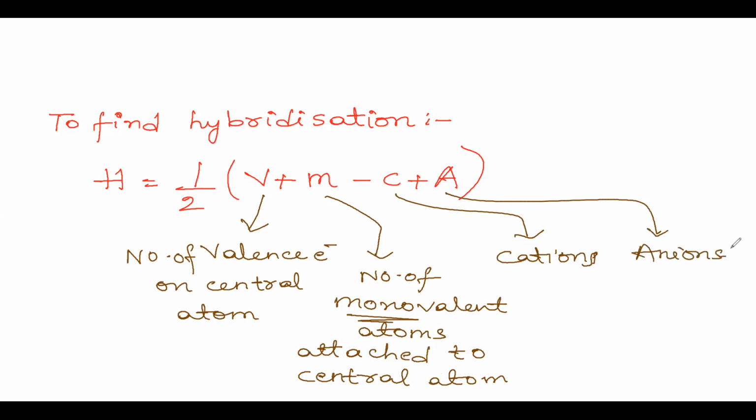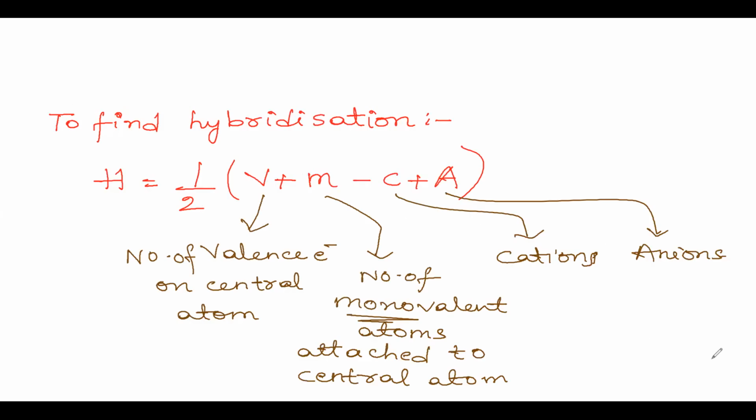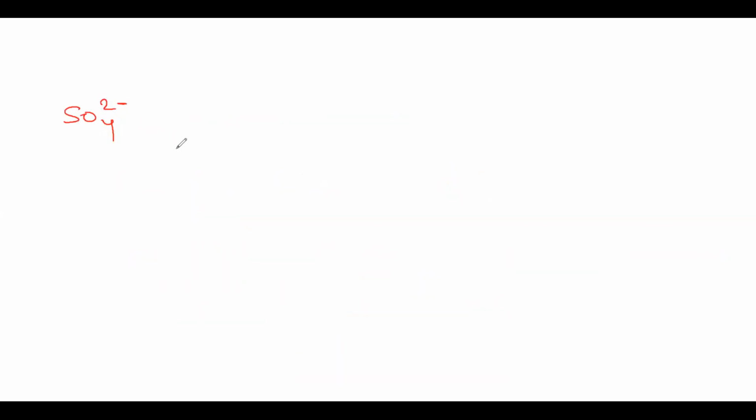For example, let us see hybridization in SO4 2 minus. Using the formula, H is equal to half into V plus M minus C plus A. H equals 1 by 2 into sulfur has 6 valence electrons, so 6 plus 0, because there is no monovalent atom, as oxygen is divalent.